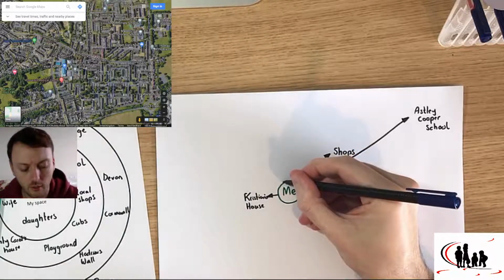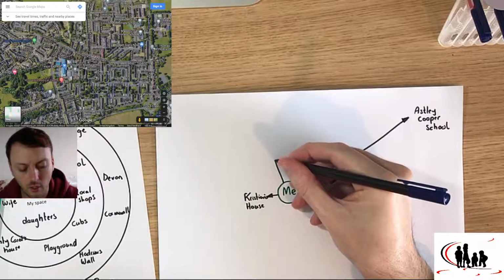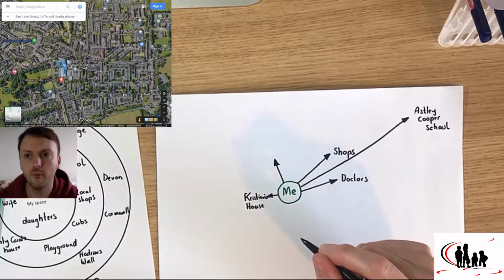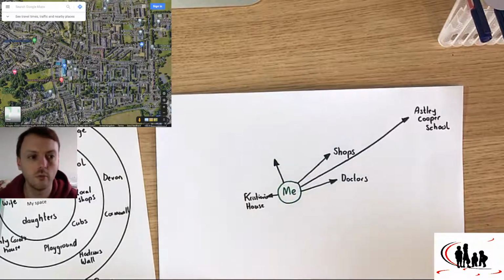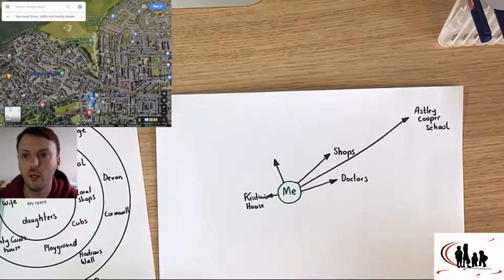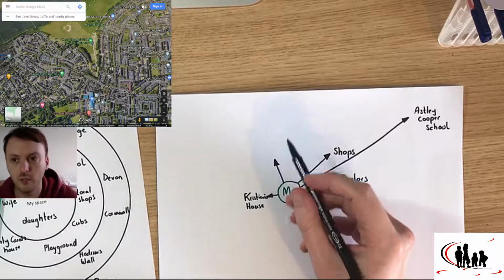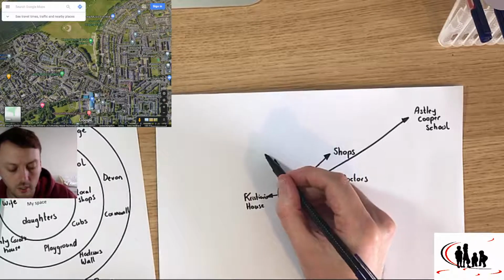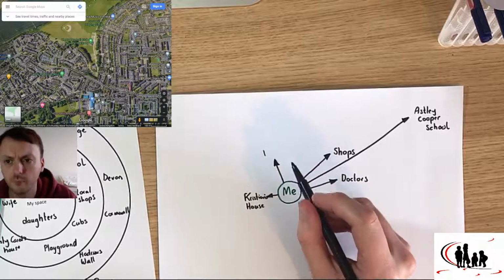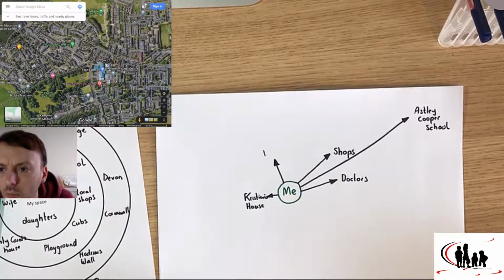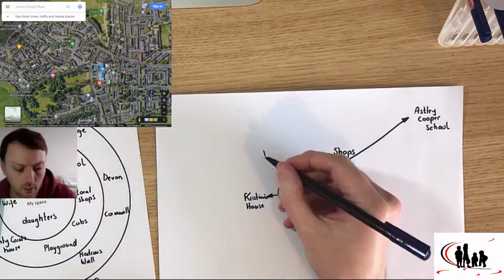I think I've got some friends who live in the bit of Grove Hill up here. Well, actually, no, that direction, that distance apart, that could be playground. Margaret Lloyd Park. I'm going to call it the park.